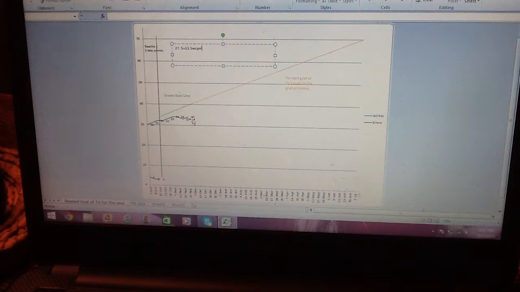So if she is at 34, we're saying in 27 weeks, given no additional intervention, she would only add 13.5 words correct per minute, giving her a total of 47.5 words correct per minute.